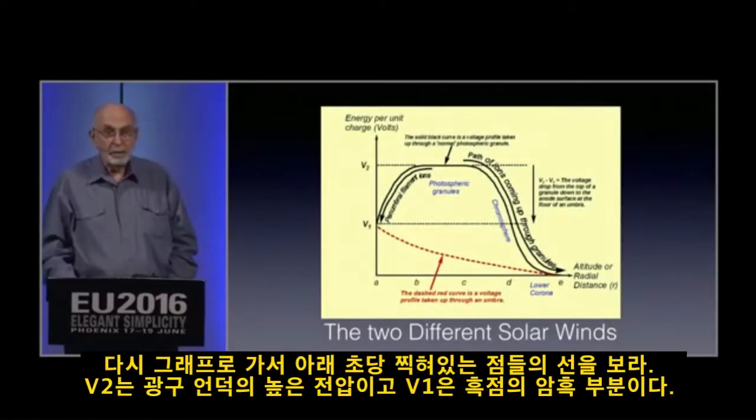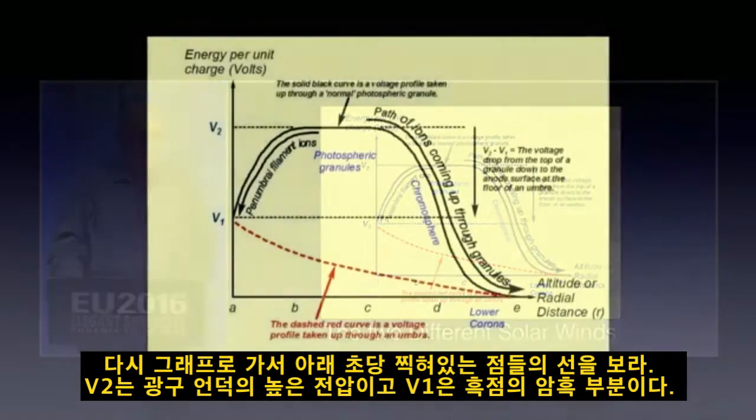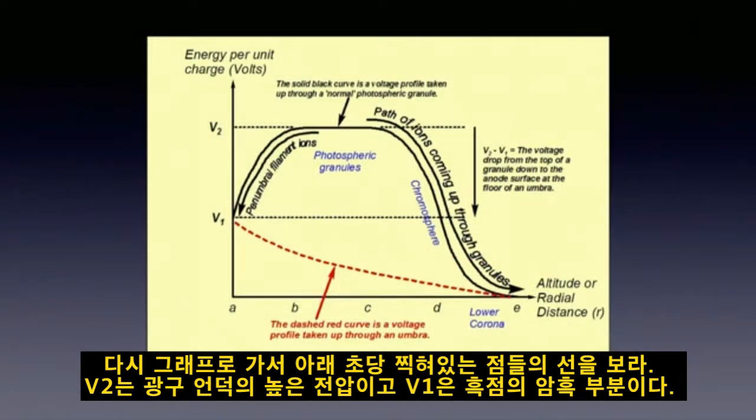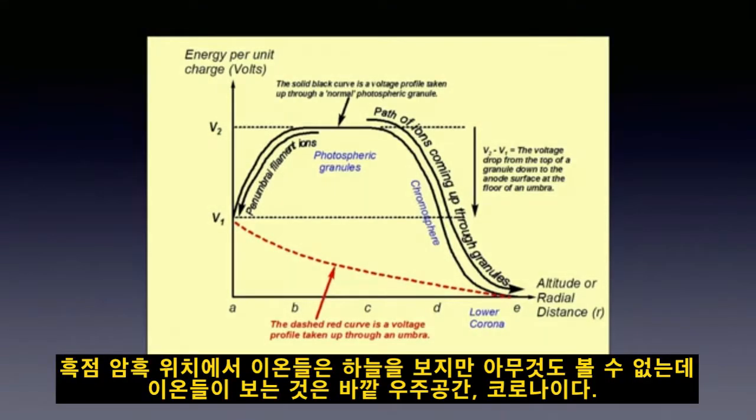Here's again that picture, and this is what I claim is happening. Just look at the red dotted line there for a second. The voltage V2, the higher voltage, is the voltage of the photospheric tuft. V1 is the voltage of the umbra. And ions in the umbra look up and they don't see anything.